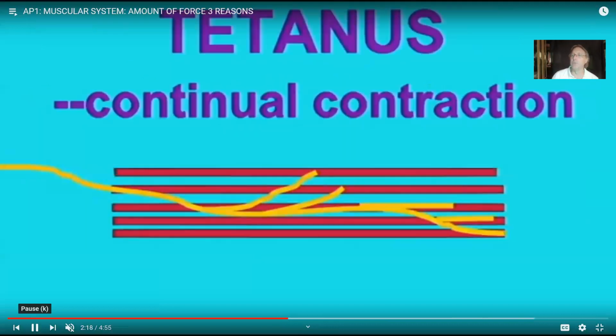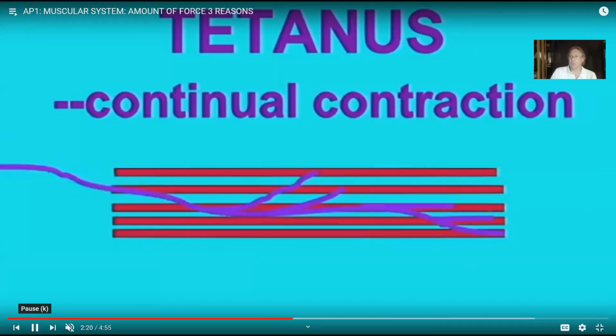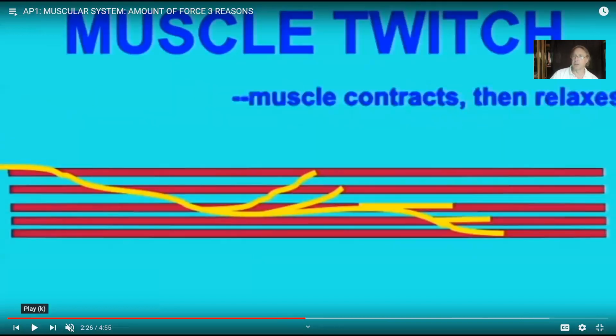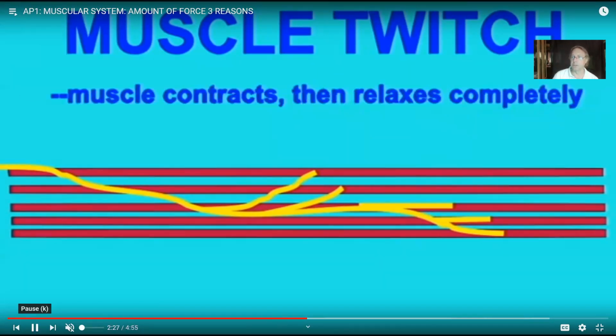And so if we were asking what makes the difference between lifting something light and the work of lifting something heavy, the second thing is I can change the frequency of stimulation. So by deciding my muscles can twitch, they can contract and relax completely, they can undergo wave summation, they can undergo tetanus, I'm altering the force that I'm generating by changing the frequency of stimulation.